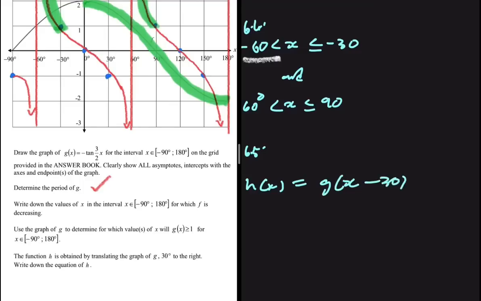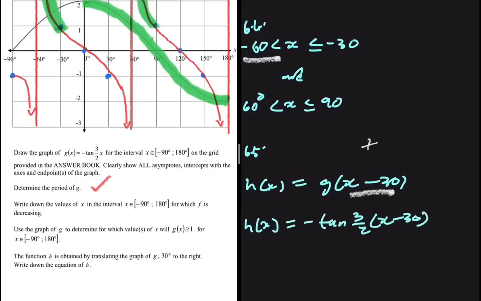When you want to shift your graph to the right, you minus the x values, and when you want to shift your graph to the left, you plus your x values. So it seems counterintuitive: how do we move right by subtracting and move left by adding? That's how it is.